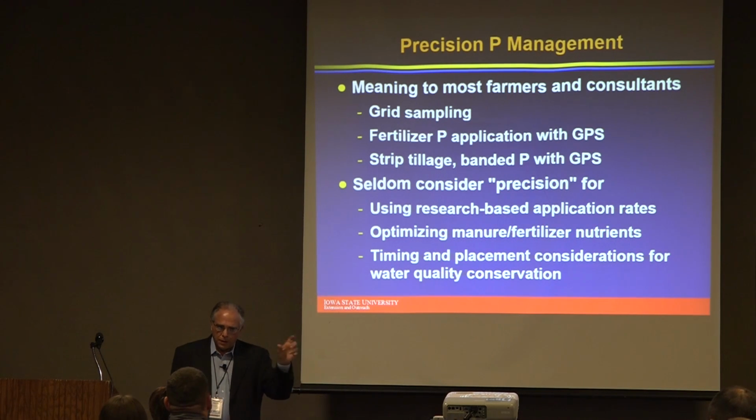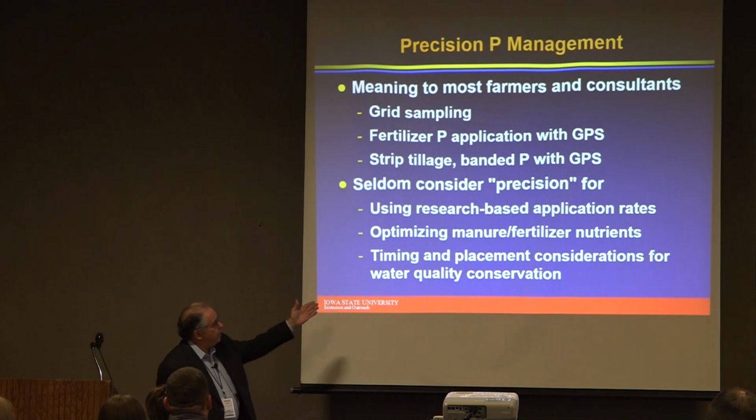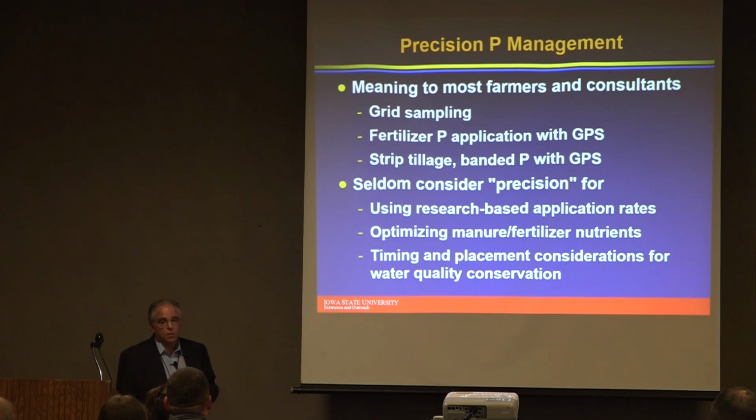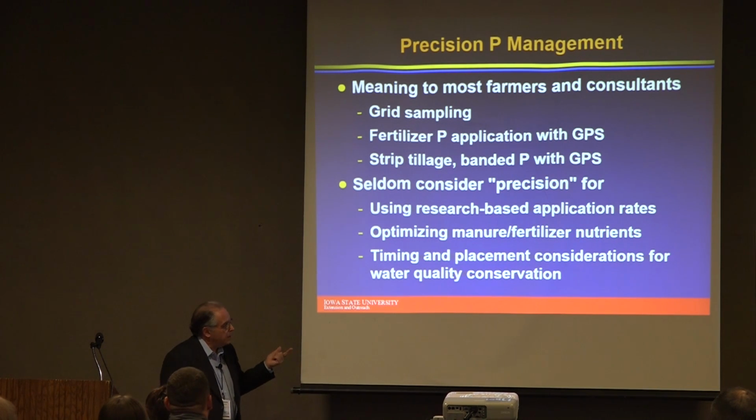So we need to pay very close attention to that, not just in terms of application, but also the thinking and time to develop strategies. And then the timing and placement considerations for water quality. As I said, timing is not an issue for phosphorus in Iowa, and placement is not a big issue for yield. However, it may be an issue for water quality conservation.